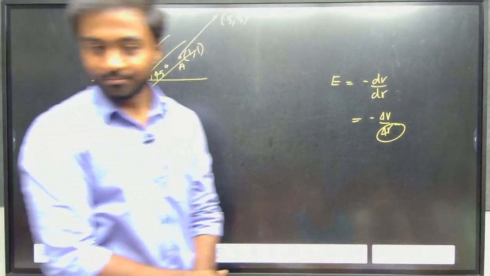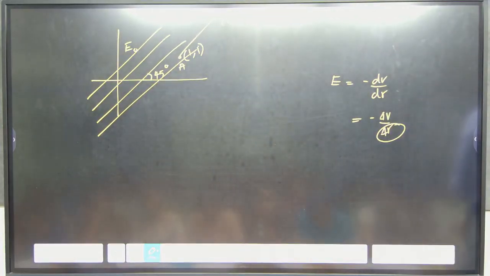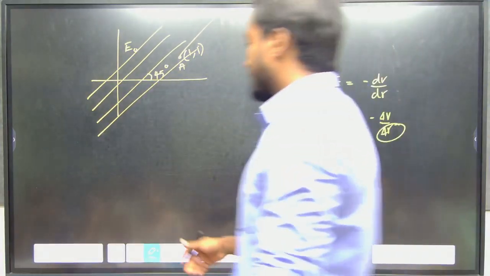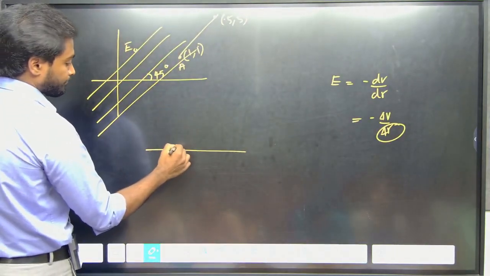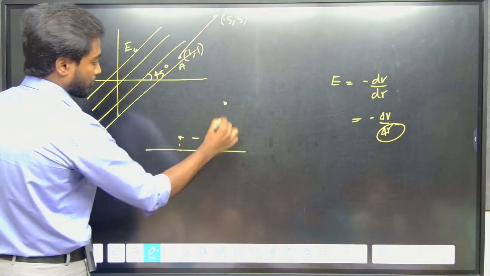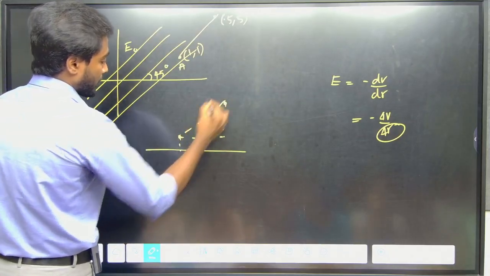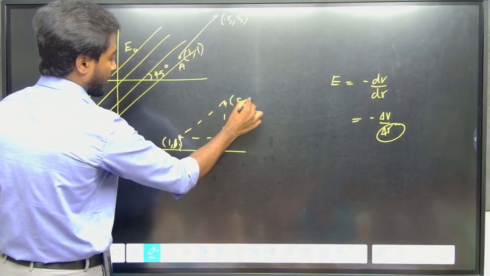See, so this is (1, 1) and this is (5, 5).